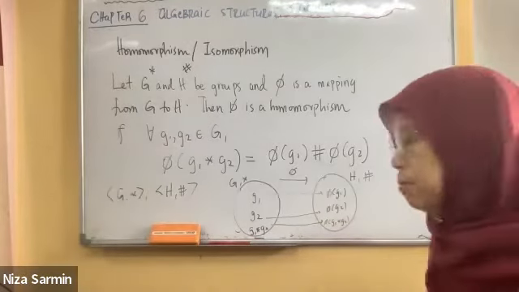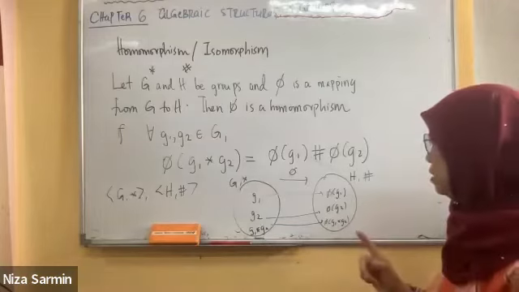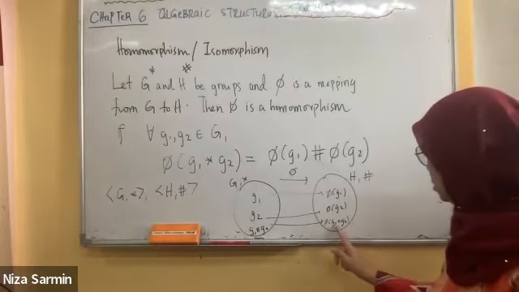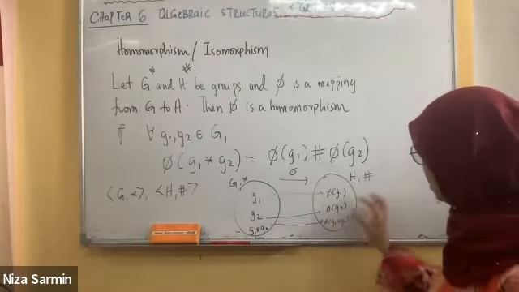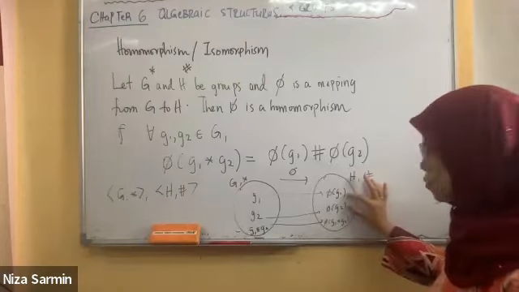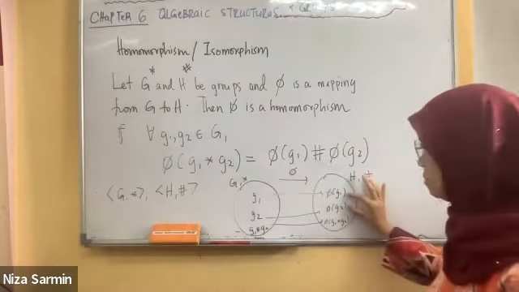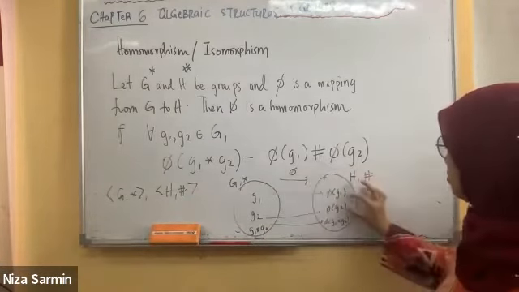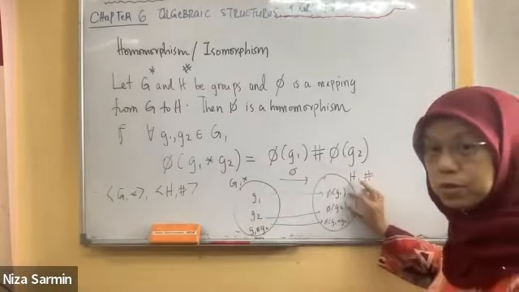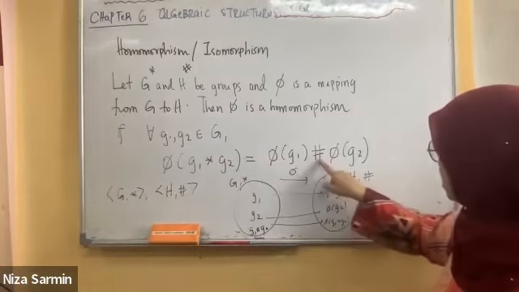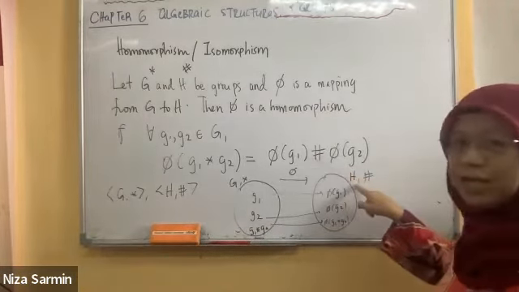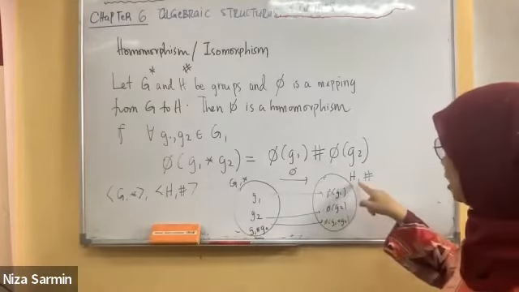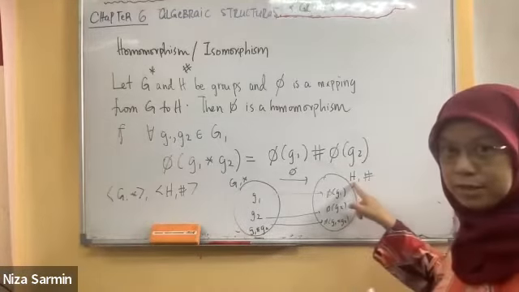It's a homomorphism if this image is actually the product of these two. And the product here, because it's already in H, uses the H operation.